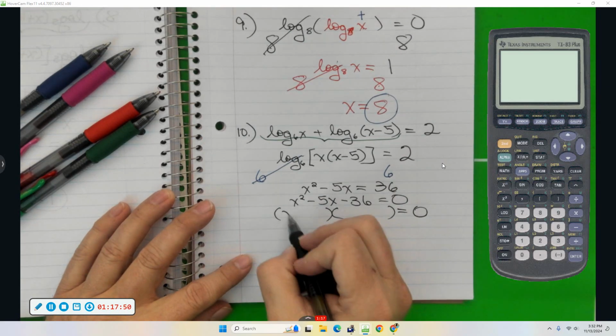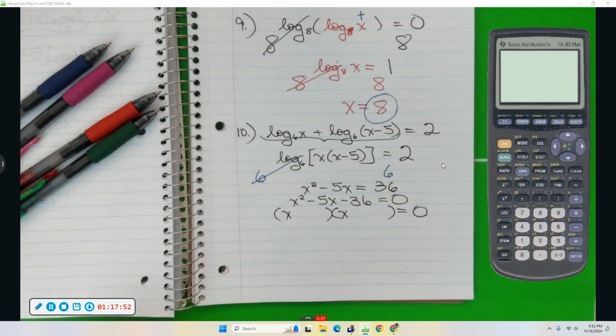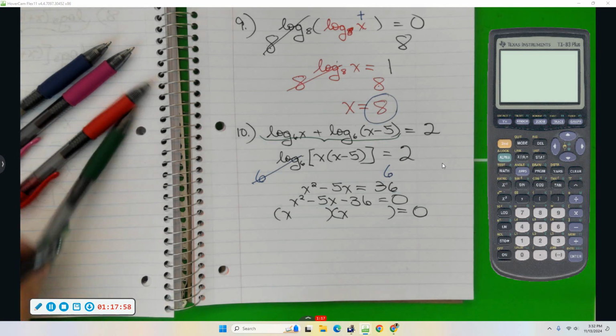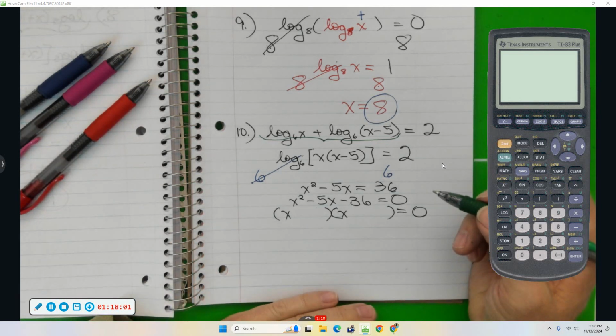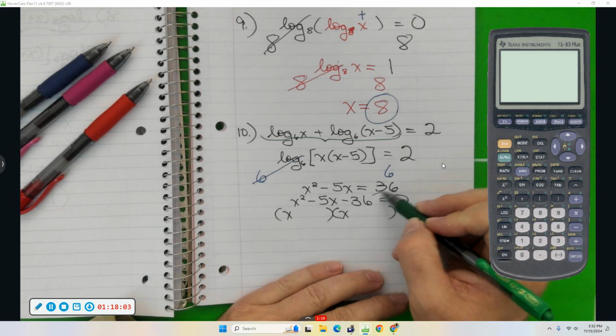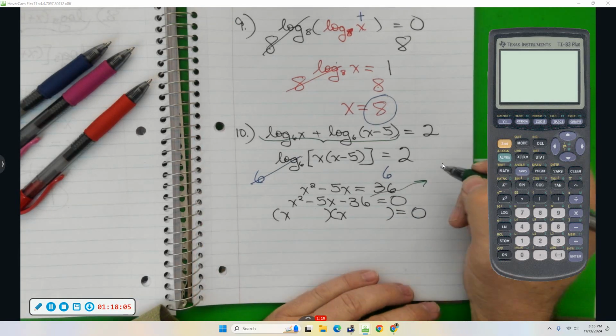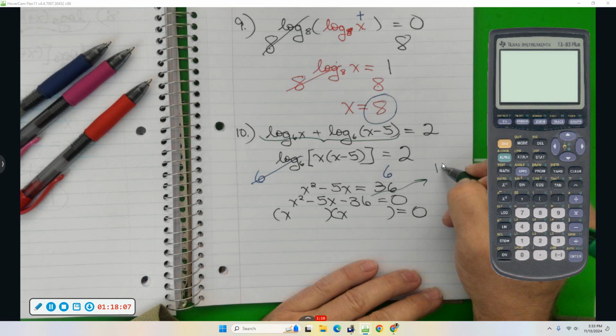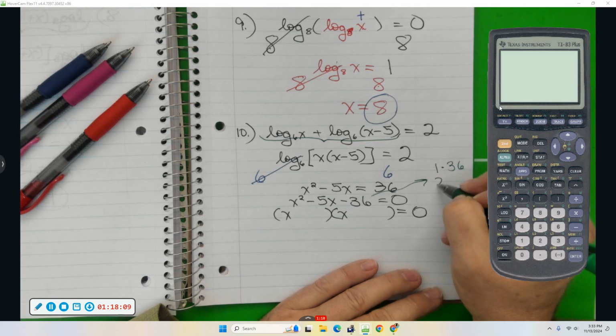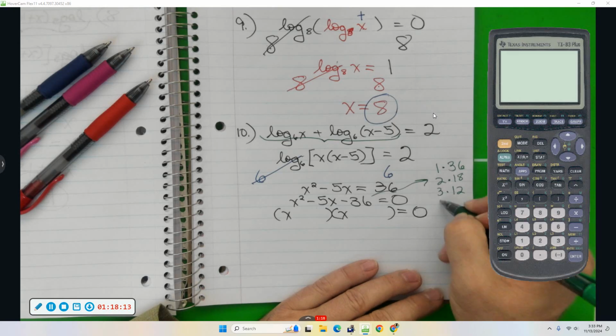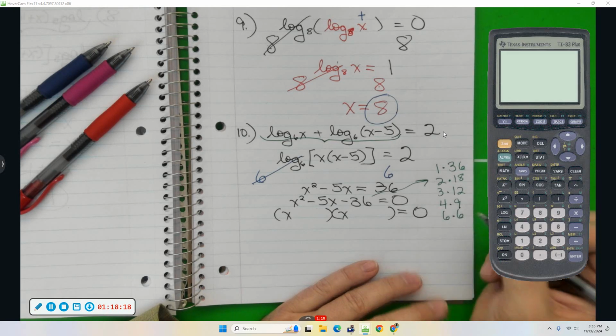X squared, that's x times x. What do we know about the signs? We're going to have 1 plus and 1 minus. Now 36, normally we think of 6 times 6, but we're not going to use that one. 1 times 36, 2 times 18, 3 times 12, 4 times 9, or 6 times 6.